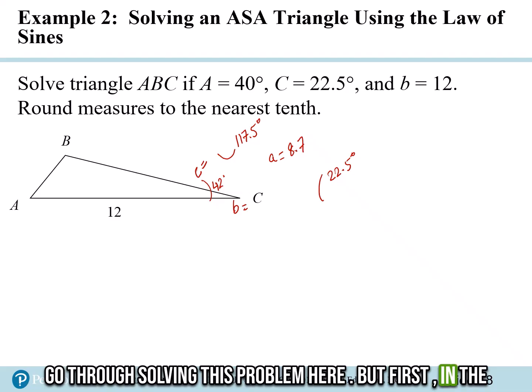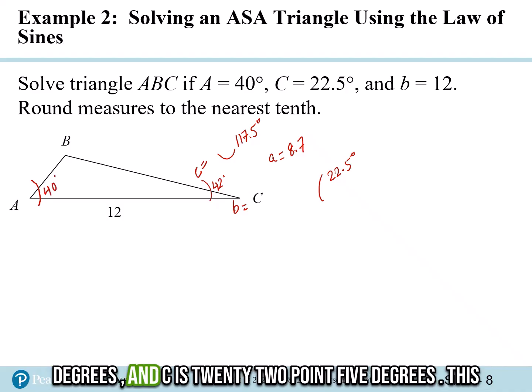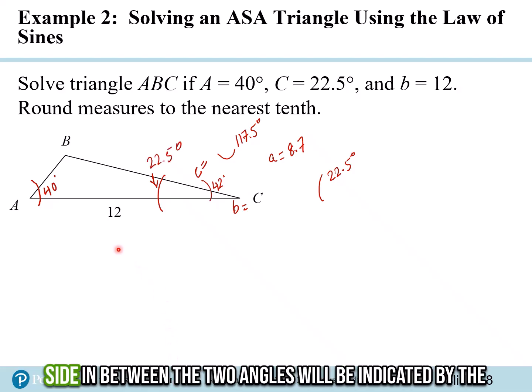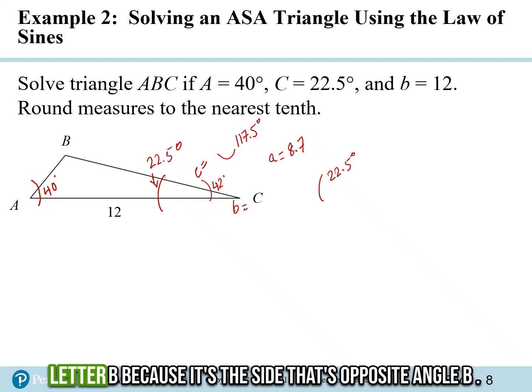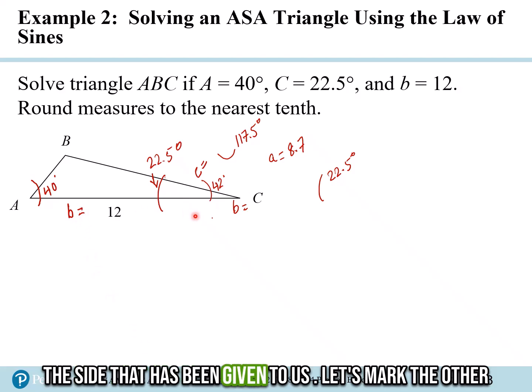But first, in the triangle figure given to us, let's mark angle A as 40 degrees and angle C as 22.5 degrees. The side in between the two angles will be indicated by the letter B because it's the side that's opposite angle B. Correct? So it's going to be B equals 12 for the side that has been given to us.